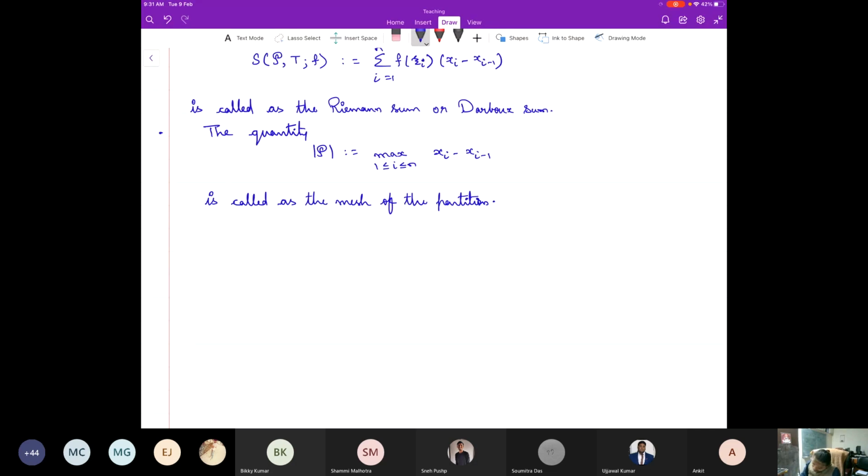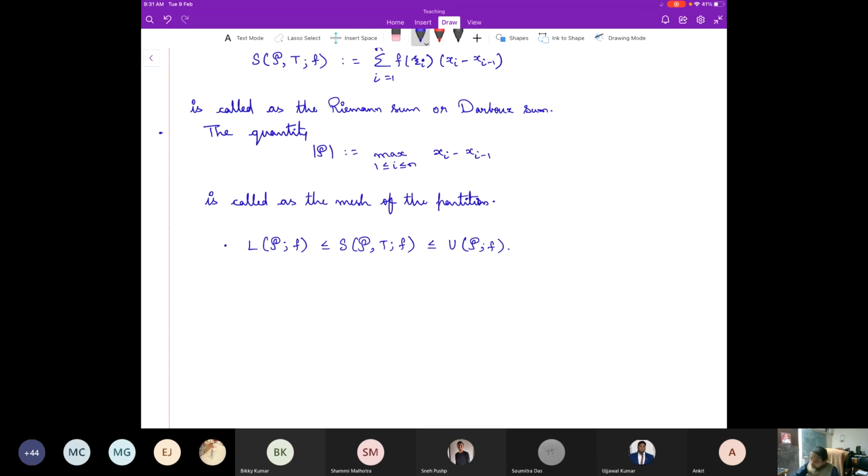Well, one easy thing that you can always observe is that the lower sum L(P, f) is smaller than the Riemann sum, which is less than or equal to the upper sum.